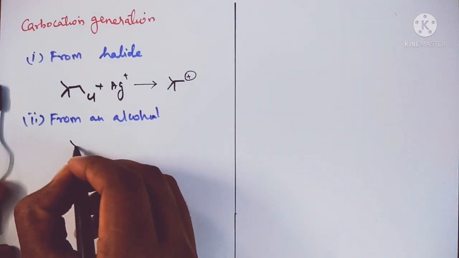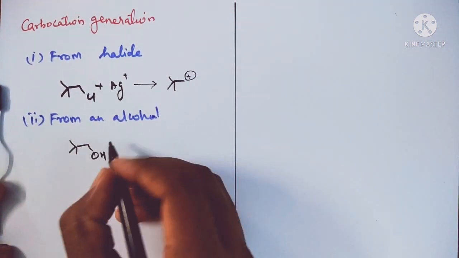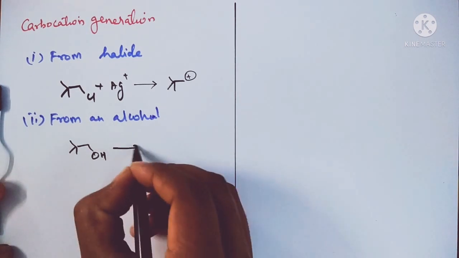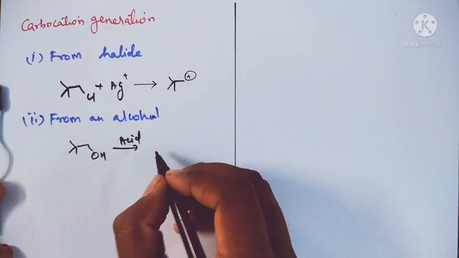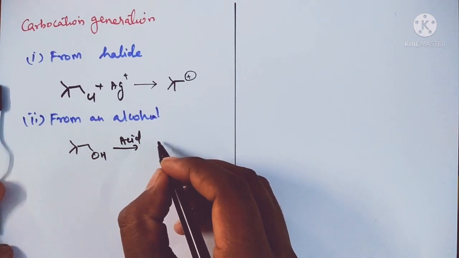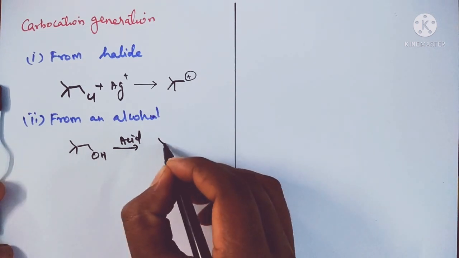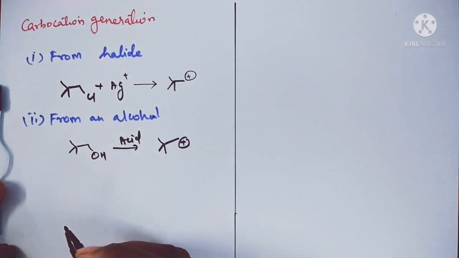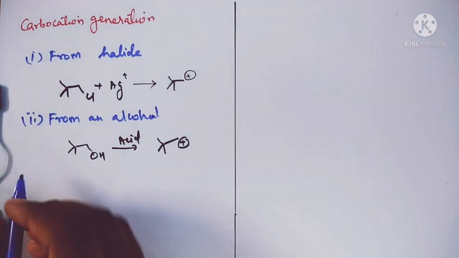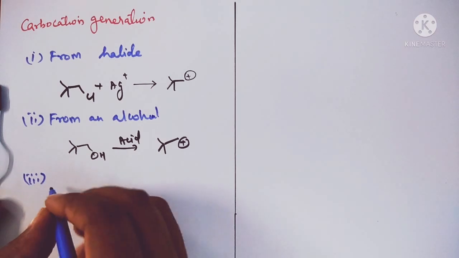The second method is from an alcohol. If you take alkyl alcohol in the presence of acid, the oxonium ion will go out, and you will get a primary carbocation. The third method is from an amine.